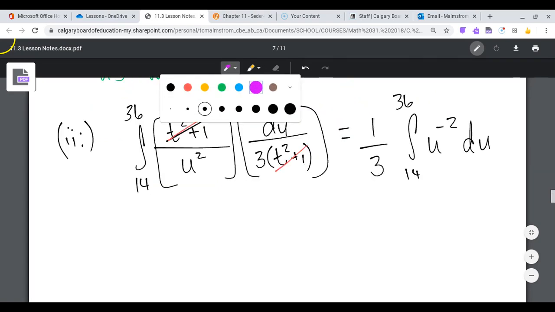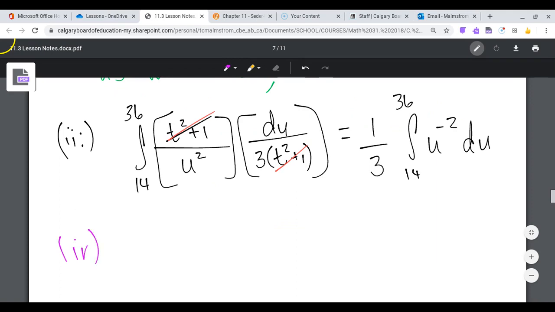So what is the antiderivative of u to the -2? That would be u to the -1 on -1. And so when I tidy that up, I would have -1 on 3u being evaluated from 14 to 36.